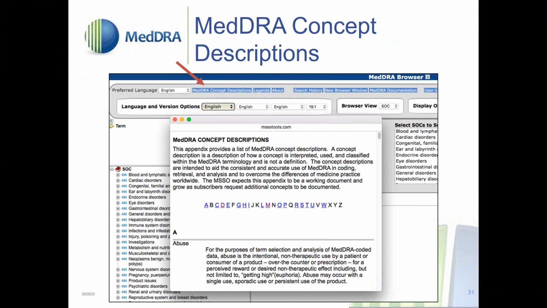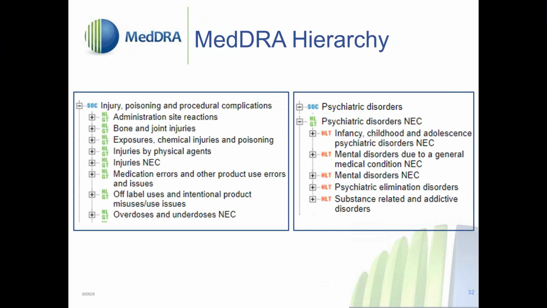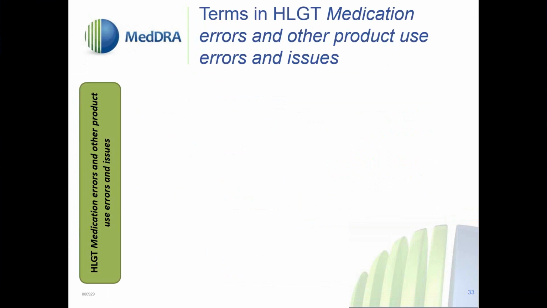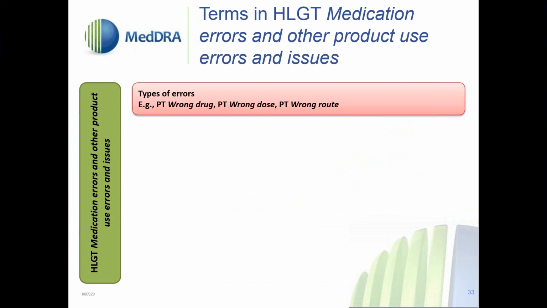So here, just a reminder of what we have just seen in the browser, the concept descriptions and the hierarchy of the relevant terms in the injury SOC and in the psychiatric SOC. What kind of terms can we find under HLGT medication errors and other product use errors and problems? We can find PTs for certain types of errors. I've shown you in the browser already, such as wrong drug, wrong patient, or wrong route.